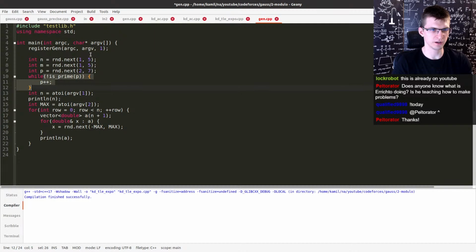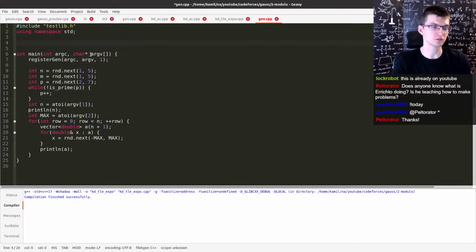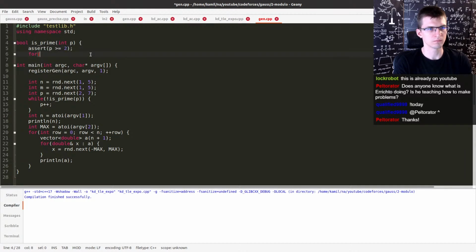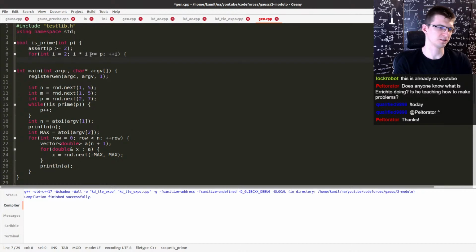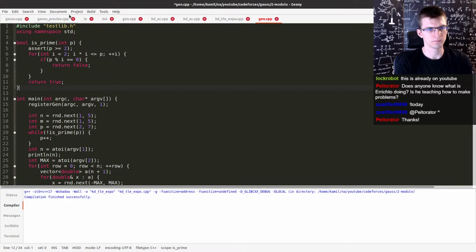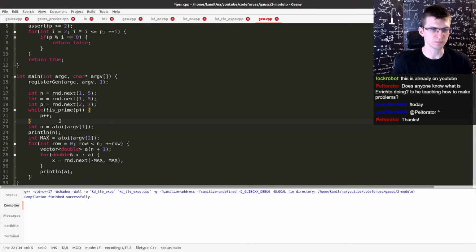I'm implementing it this way so that I could also try big p, but I will not run my exponential solution then. This is the best method to find primes. Just generate a random one and move up by one multiple times. It's still fast. The gaps between primes are small enough. So for values up to a billion, this is a very good method.